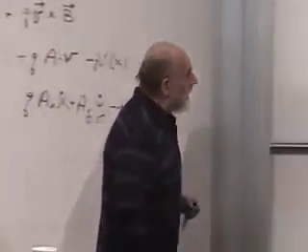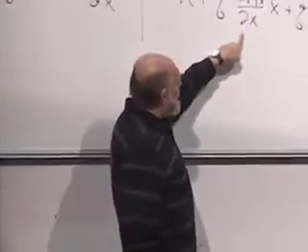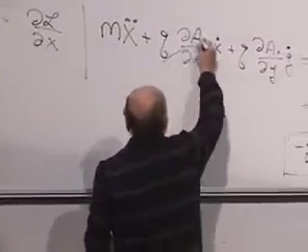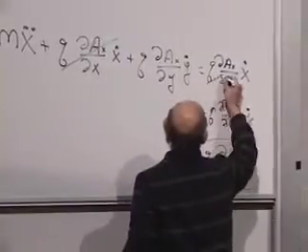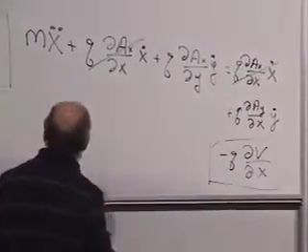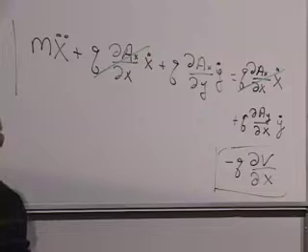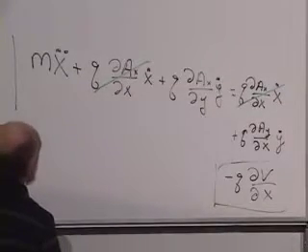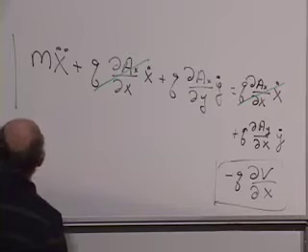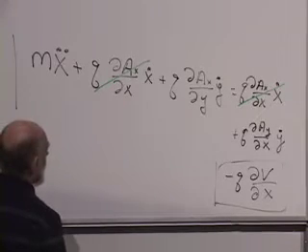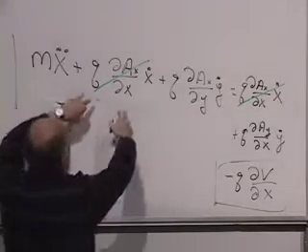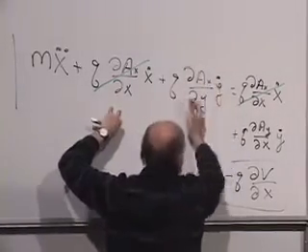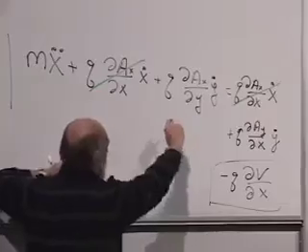On both the left and the right, we have the derivative of A sub x with respect to x times x dot, here and here. We can now transpose this term over to the right-hand side, and let's see what we have.